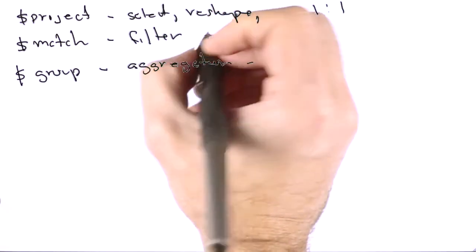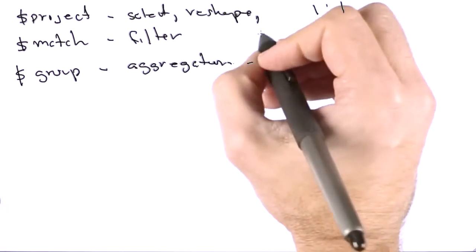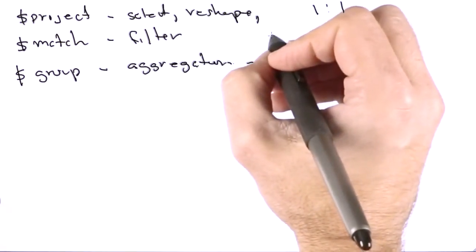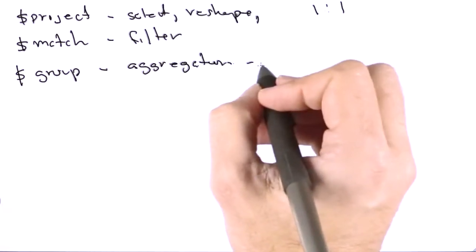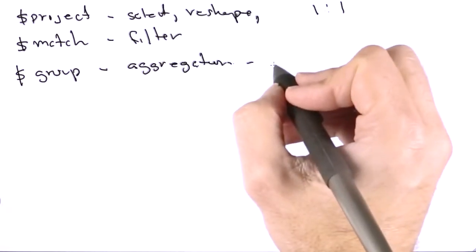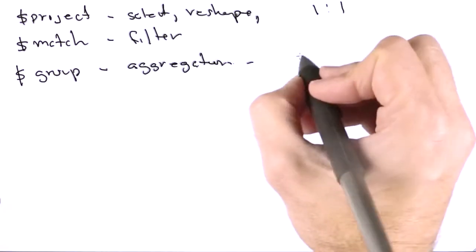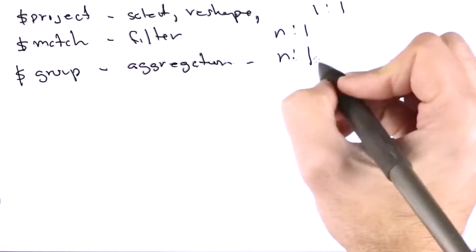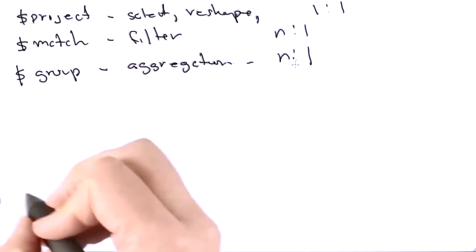Now, for every document that filter sees, it may only see a subset. So for instance, it might see 100 documents, and then it might actually produce 25 documents. With aggregation, same thing is true, because it's aggregating, so it's grouping by a certain key, so it may not produce as many documents as it sees. So I'll call this n-to-1 since it can reduce the number of documents.